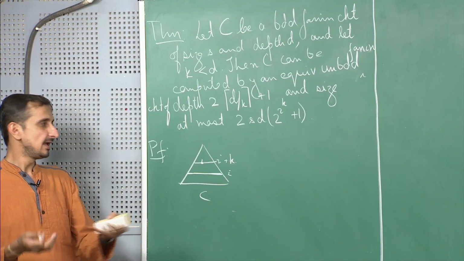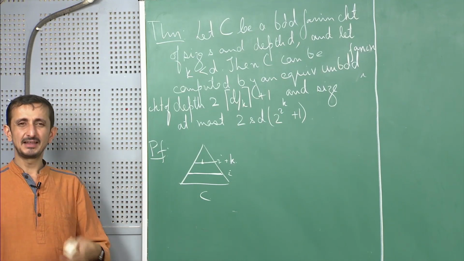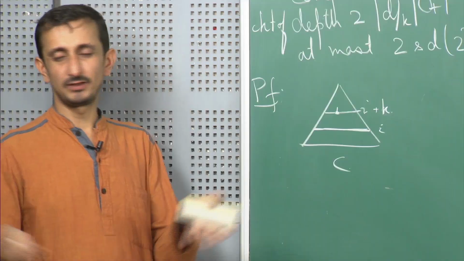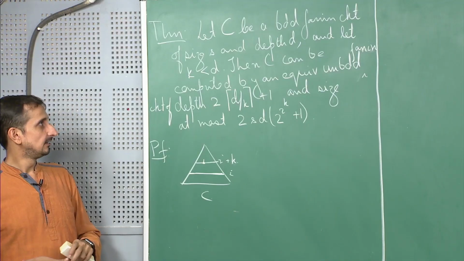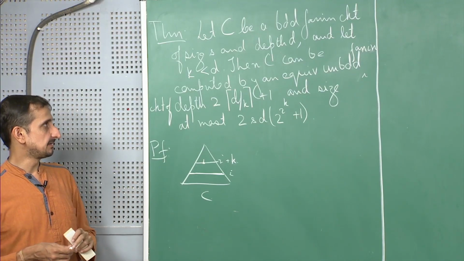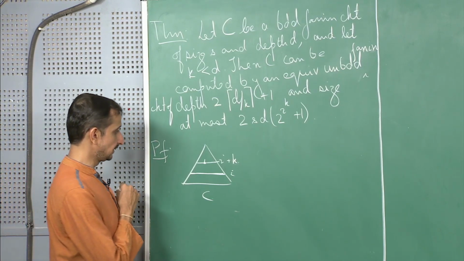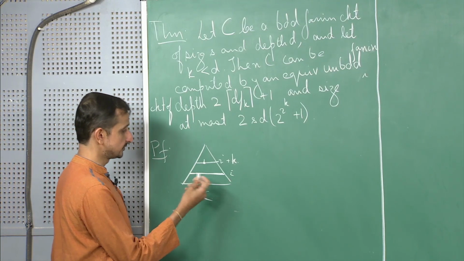And how will it be? This is a bounded fan-in circuit. Let us assume without loss of generality that the bound is 2, so we can assume that these are AND, OR and NOT gates which take 2 inputs at most.